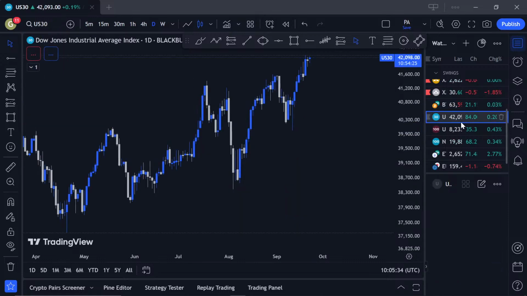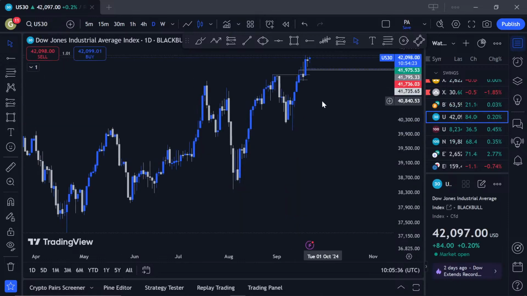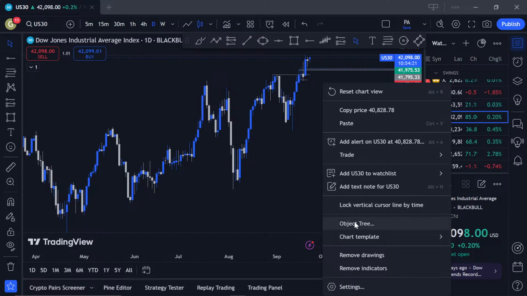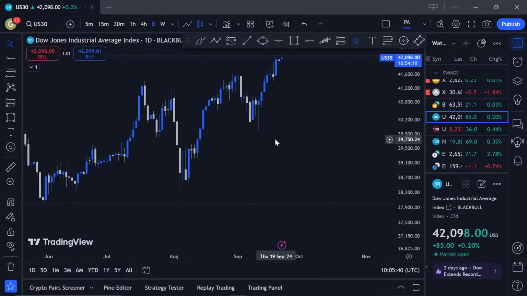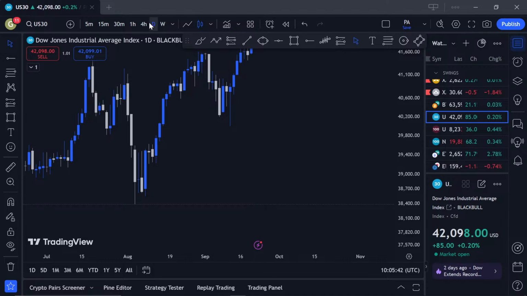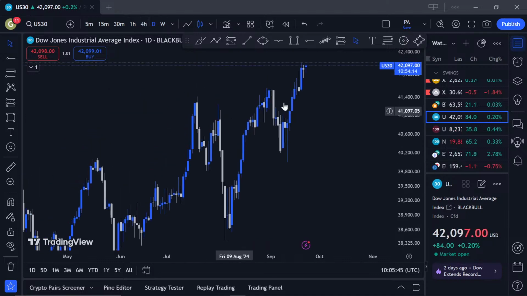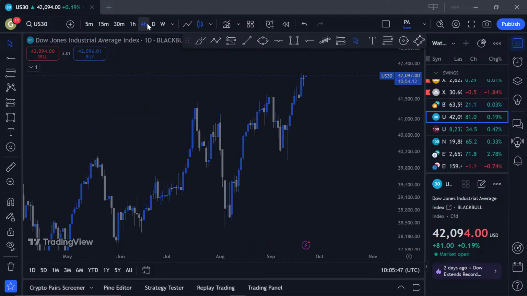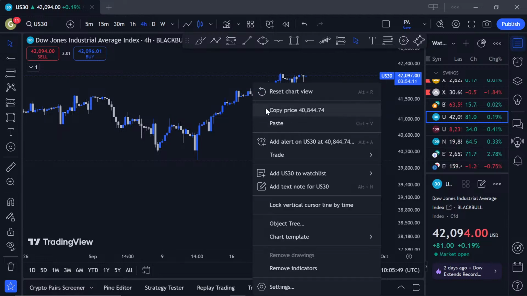Now I'll go over to US30. I'm just going to clear everything off US30 as well. For US30, since last week I've been bullish on it and it's still going bullish. So I only have one mission right here: follow the trend.